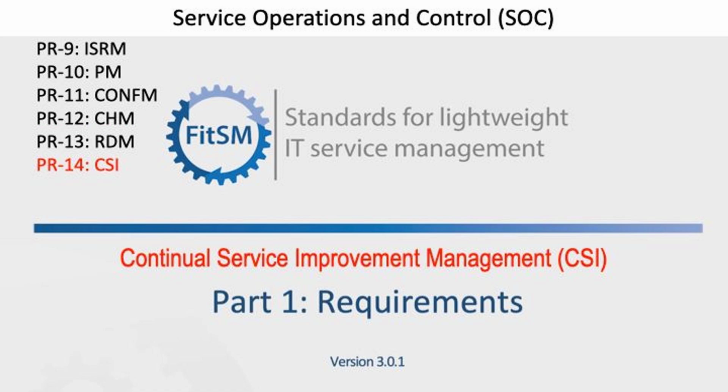PR 14, Continual Service Improvement Management, CSI. PR 14.1 Opportunities for improvement of services and processes shall be identified and registered based on reports as well as results from measurements, assessments, and audits of the SMS.